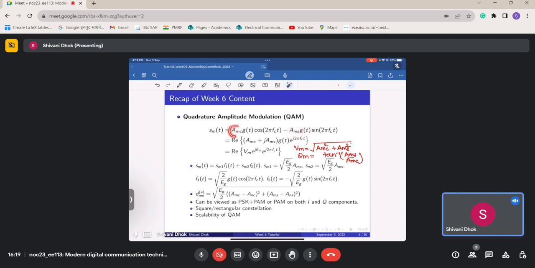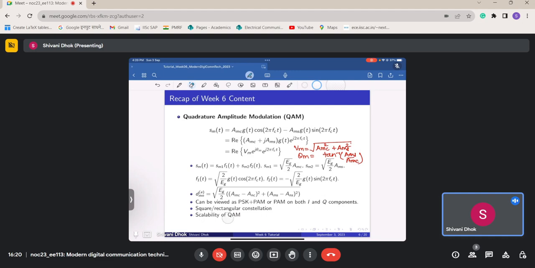And again we can independently set these two, and by setting these two, what we are doing is a pulse amplitude modulation along this basis vector, and another pulse amplitude modulation along the second basis vector. Another thing that was discussed was this square and rectangular constellation, which is basically obtained from doing pulse amplitude modulation over both I and Q components individually.